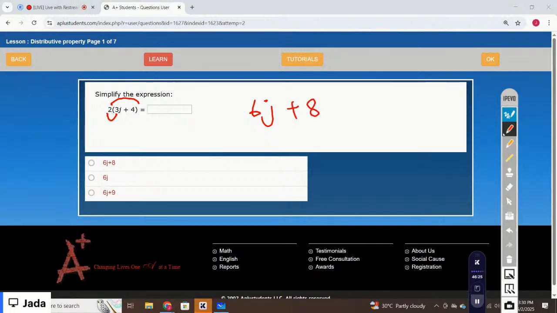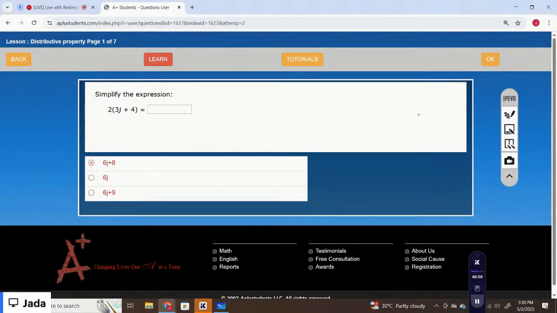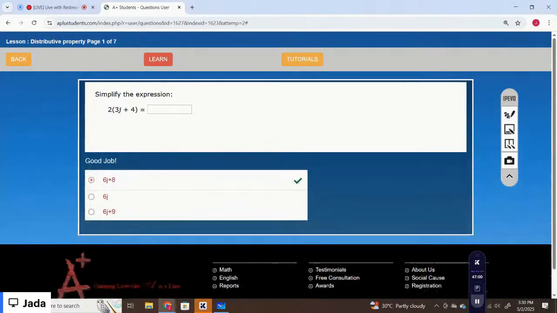So the correct option is 6j plus 8. Option number 1 is the correct option.